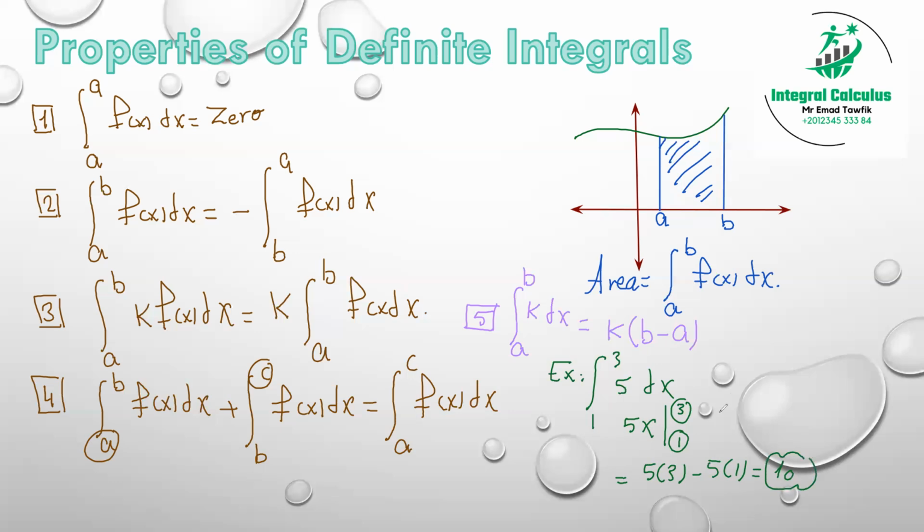As I told you, whenever you integrate a constant, it's easier to take that constant and multiply by 3 minus 1, which is 5 multiplied by 2, which is 10. So you can get the answer directly.